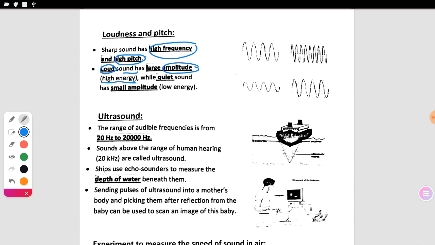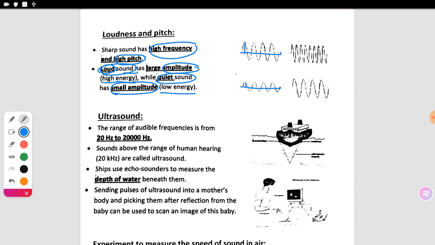Sound may be loud sound or quiet sound. A quiet sound has a small amplitude or low energy. This is the sound, this is the amplitude.